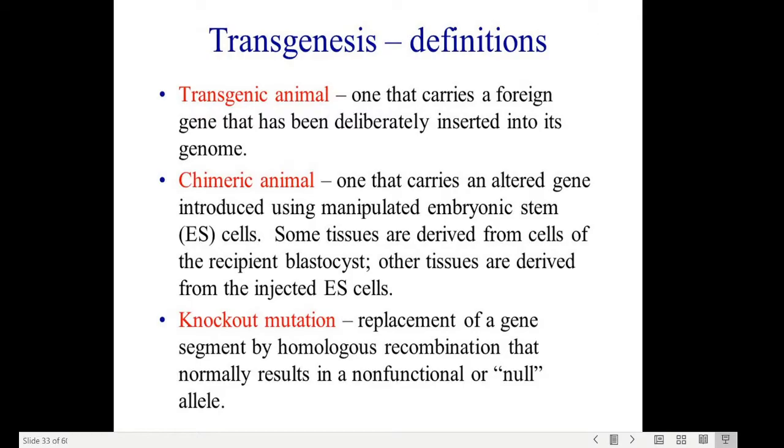It can carry an altered gene introduced into manipulated embryonic stem cells. Another term is knockout mutation. In this knockout mutation there is a replacement of a cell, and it happens by homologous recombination.